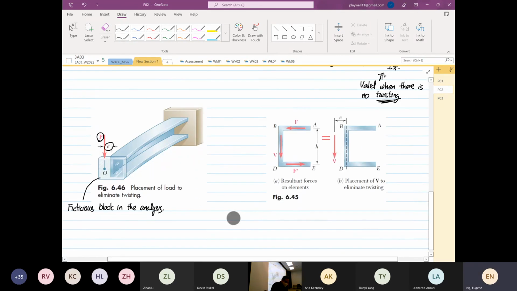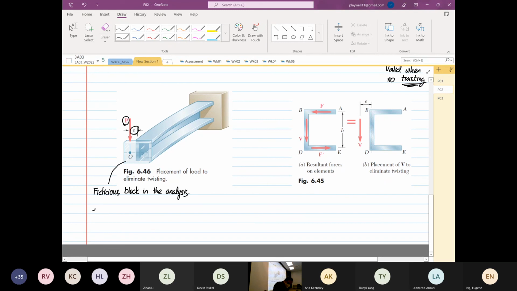Okay, so E is the shift distance, not necessarily the center weight, the shift distance to induce a counter moment.